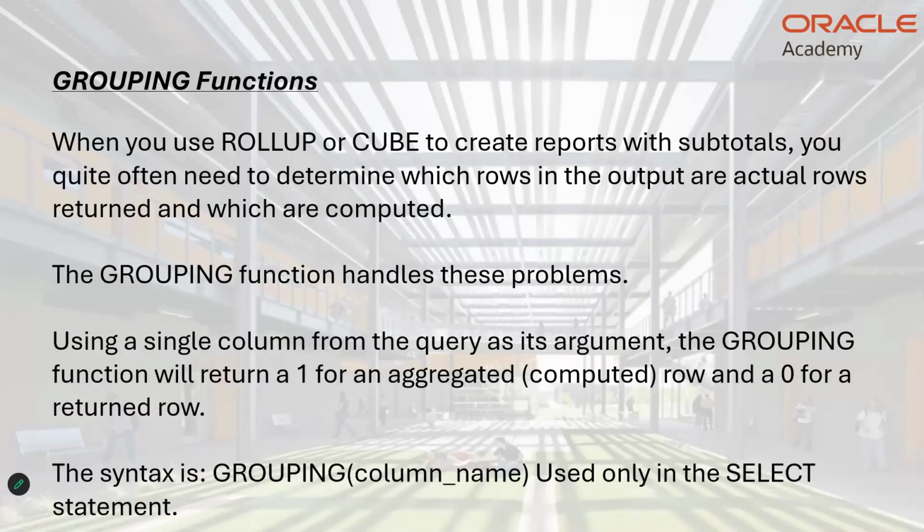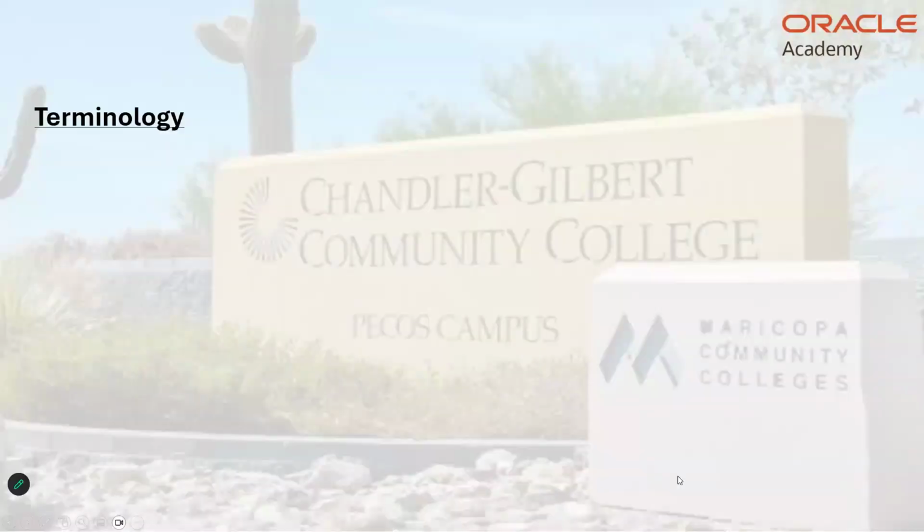Using a single column from the query as its argument, the grouping function will return a one for an aggregate computed or zero. So you're identifying which column is actually used in the grouping scenario.